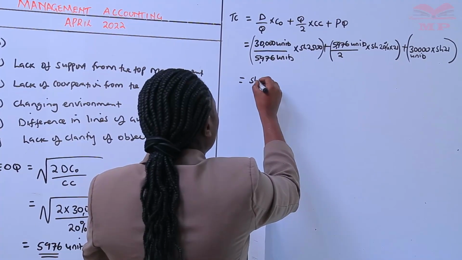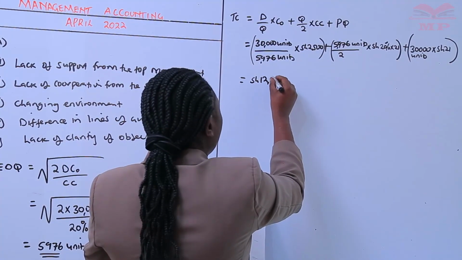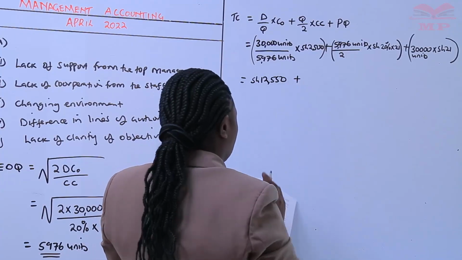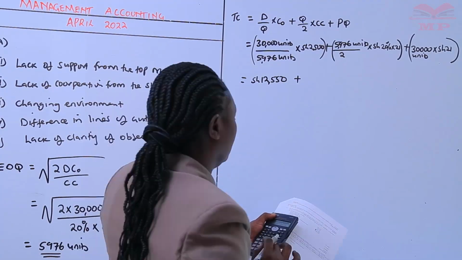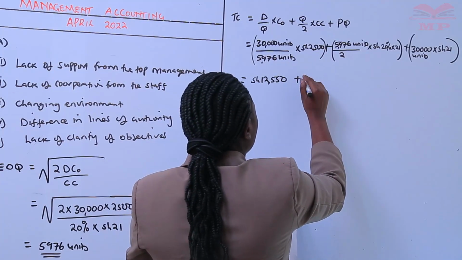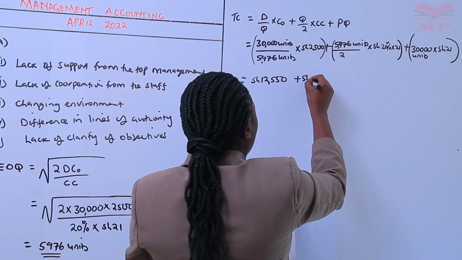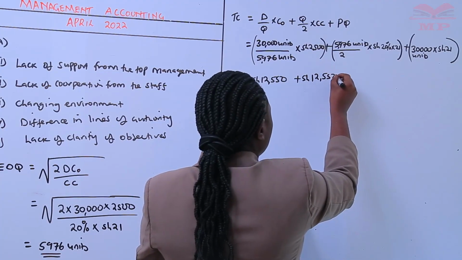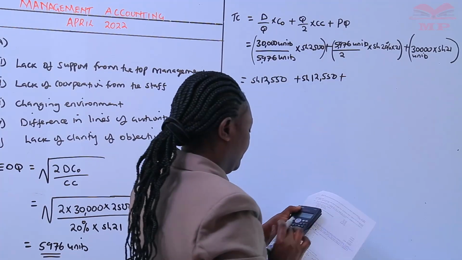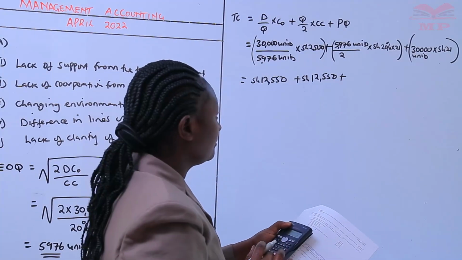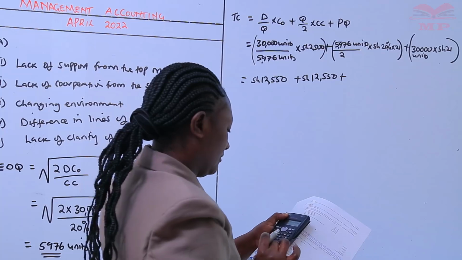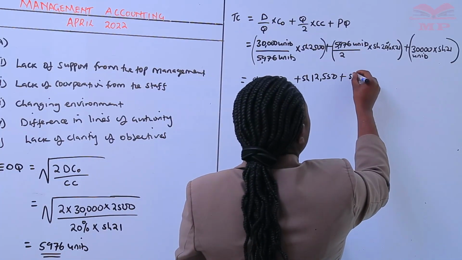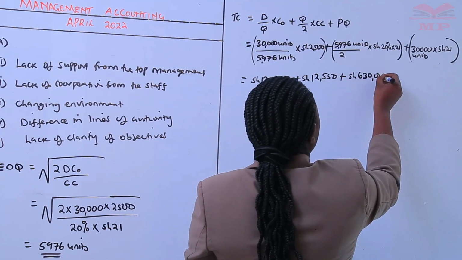This is 12,550 plus 12,550 plus 630,000.